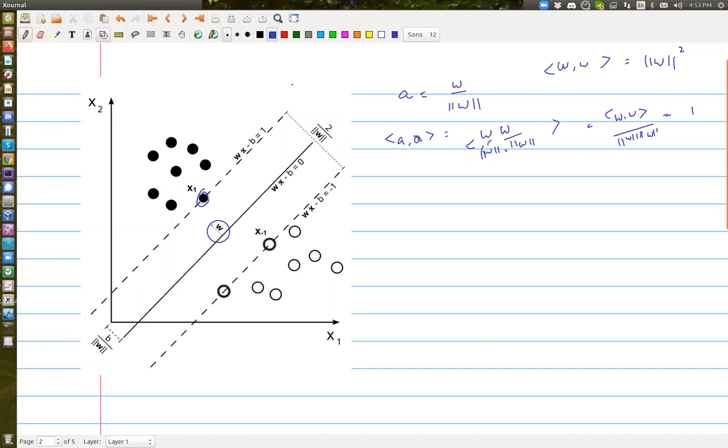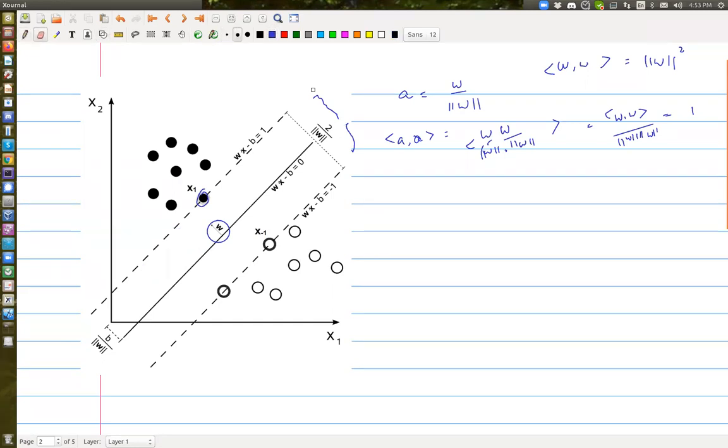Wait a sec. So let's try to find the gap. So the gap here, the distance here, should be like A. Let me start from this.